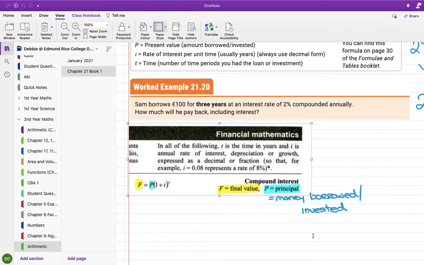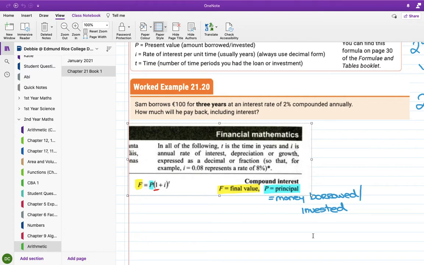And then the final value would be, in my investment example, after I did my 10 years, how much would the bank owe me with all of my compound interest? And in the loan example, it would be how much do you ultimately pay back to the bank? So like I said, you borrow that €200,000, but you pay back a lot more than that because you have to pay interest on it over a really, really long time. And the next thing there is just a 1. So that's just always a 1. Okay.